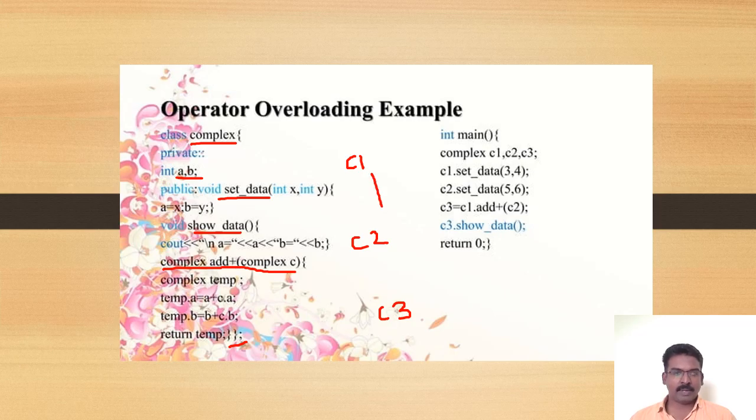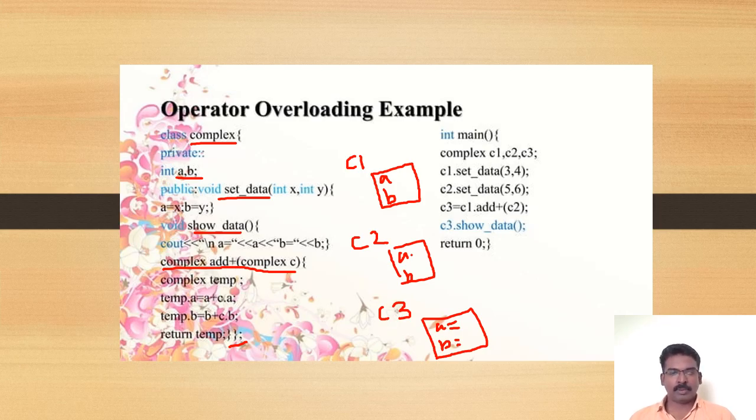Under C1, we are going to store two values, that is A and B, and for the C2 object also we are going to get the values and store them in A and B. And for C3, we are adding the value of C1's A and C2's A, and placing it in C3's A. That is, the A value of C3 will be the sum of A values of C1 and C2. Similarly, we are doing it for B.